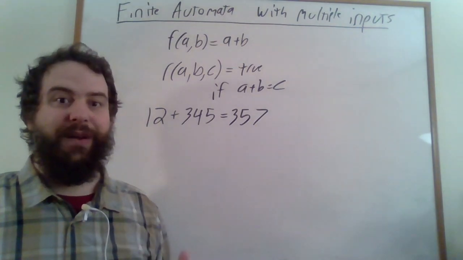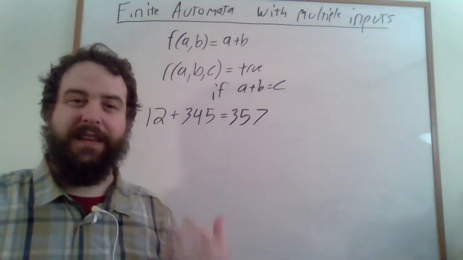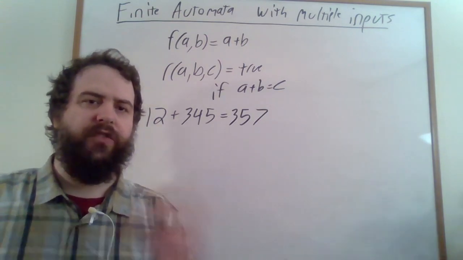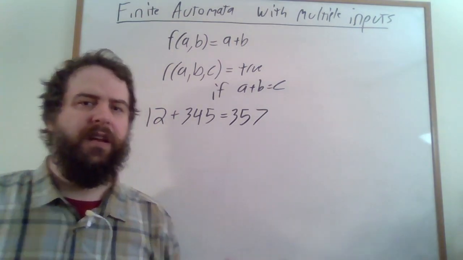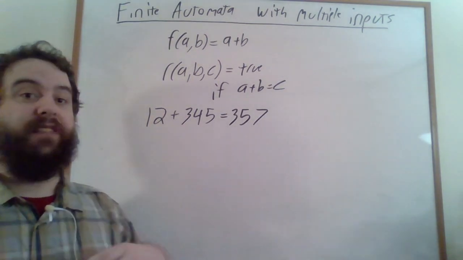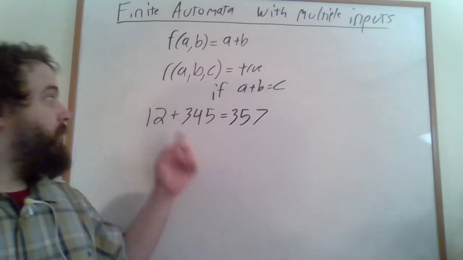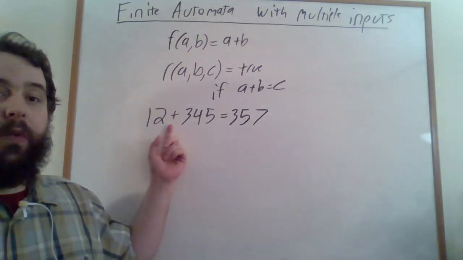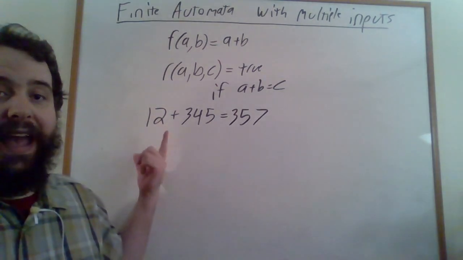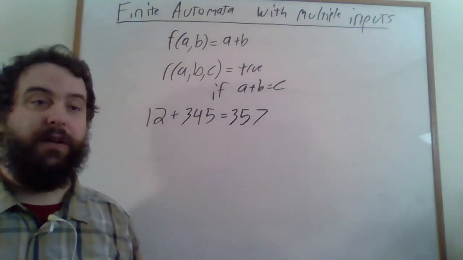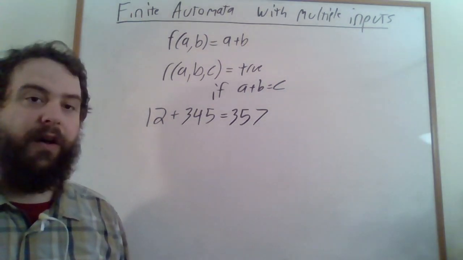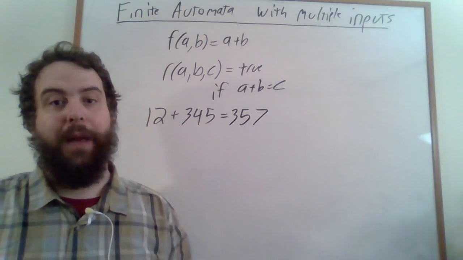And the issue here is that if we really wanted to capture true addition, not computer scientists' addition where integers only go up to 4.3 billion, but actual mathematical addition where the inputs can be as large as we want, then we're going to need unbounded memory. We're going to need enough memory to store whatever integer comes our way in the first part of the input. And that's not what finite state automata do. Finite state automata only have a limited amount of memory.